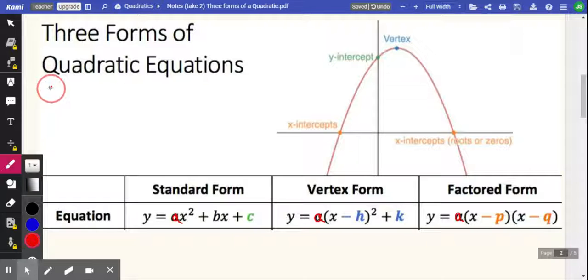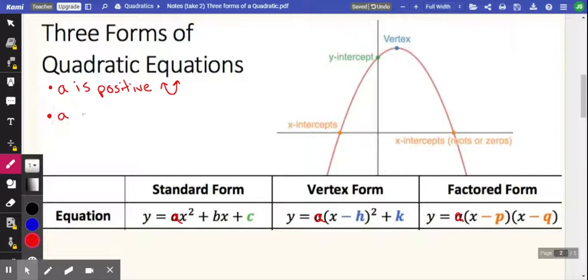So if a is positive, what that tells us about our graph is that our parabola will open up or be concave up. Sometimes you'll hear that. I also think it looks kind of like a smiley face. So it's a positive, happy parabola. It is going to be opening upwards with your arrows going in that direction.